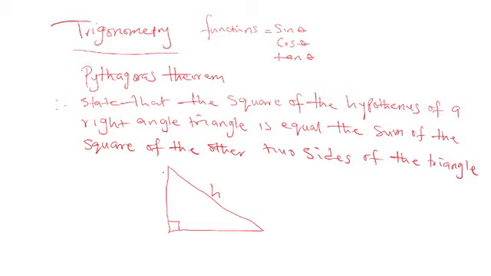Let's call this side H, the hypotenuse, and the other sides A and B. So what this Pythagoras theorem is trying to tell us is that when you square the hypotenuse, which happens to be the longest side or the side facing the right angle, it is equal to the sum of the squares of the other two sides. So H squared is equal to A squared plus B squared. This is what the Pythagoras theorem is telling us.